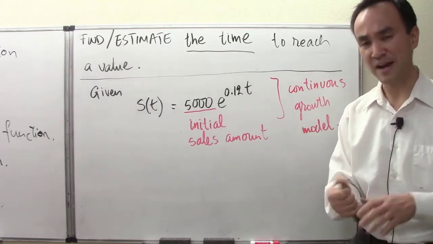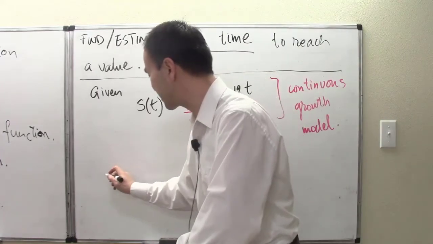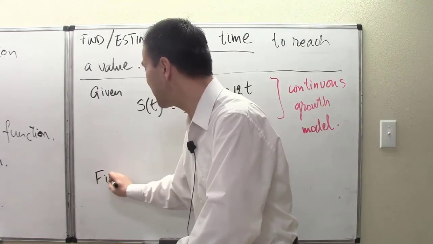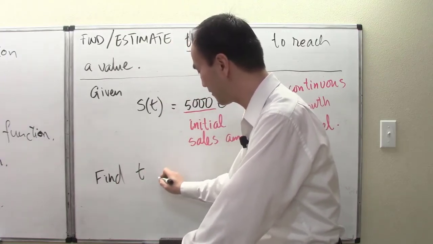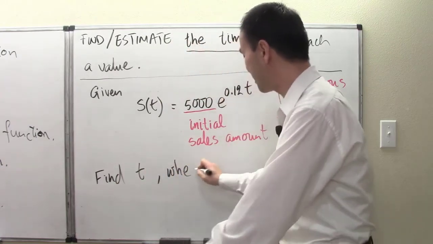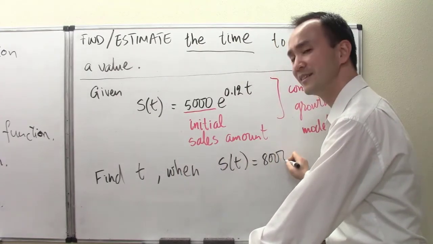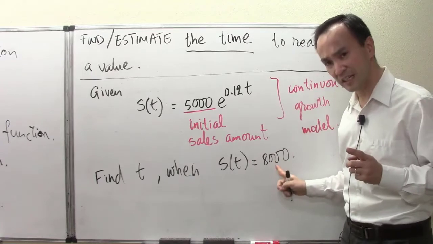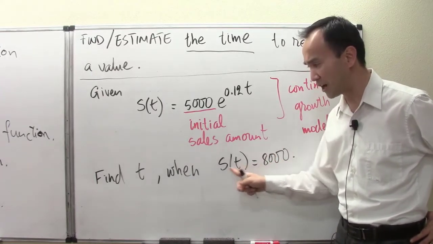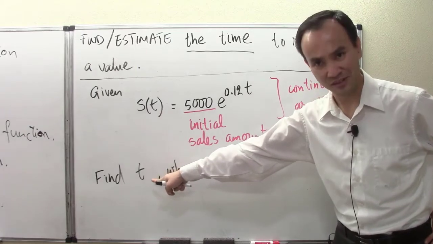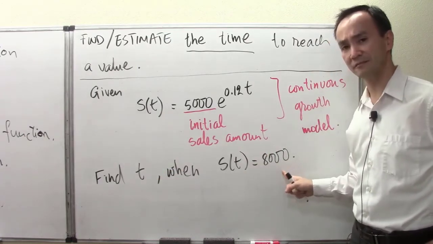Or in other words, mathematically speaking, this problem brings us to: we want to find a value for t when S of t equals 8,000. It definitely is a future value. So when is that future? When will we reach that future value?